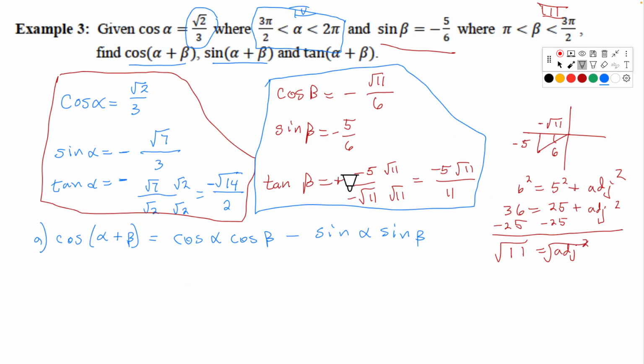Now I take all those values that I've figured out, plug them in, and we're good. So what is cosine of alpha? Cosine of alpha is square root of 2 over 3. What's cosine of beta? Cosine of beta, negative square root of 11 over 6.